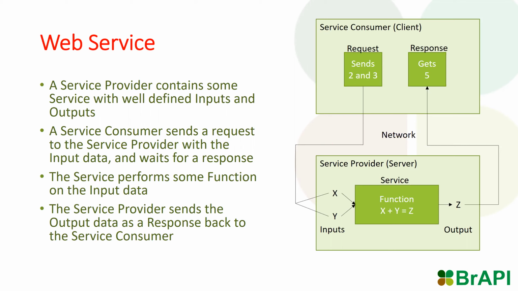It sends that request over some network, either the internet or a private network, doesn't really matter. The service provider has provided some endpoint to a service that the client can make requests to. It's going to take in the inputs, run some service, and produce an output, which gets sent back as a response.